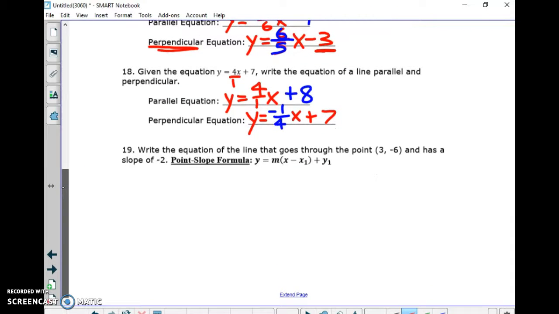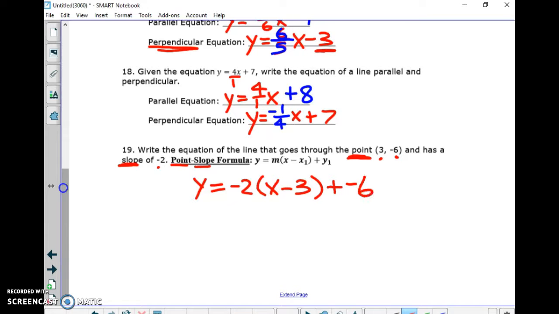19, write the equation of the line that goes through the point 3, negative 6, and has a slope of negative 2. When you see point and slope, you're going to use point slope formula, the one we talked about in class. So y equals m, which is negative 2, and then x minus x1 is 3, parentheses, plus, and then y1 is negative 6.